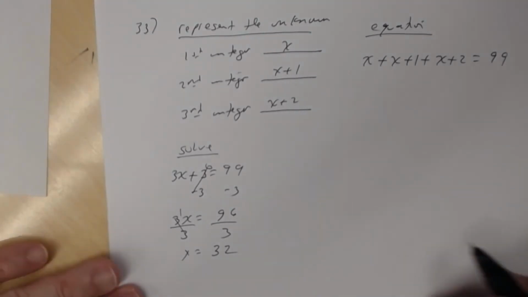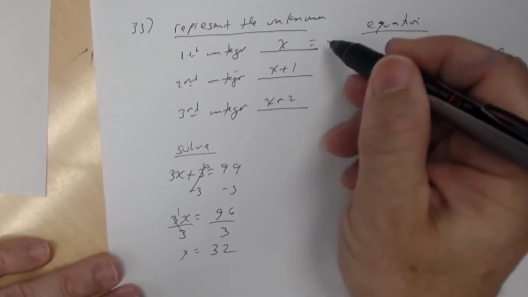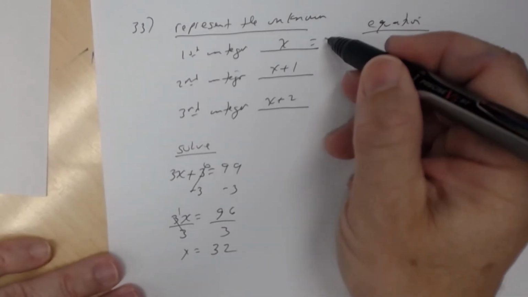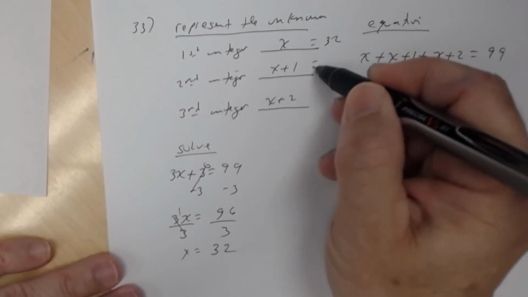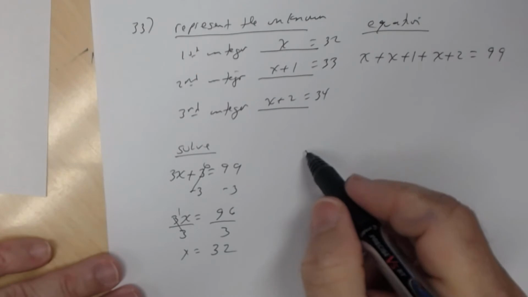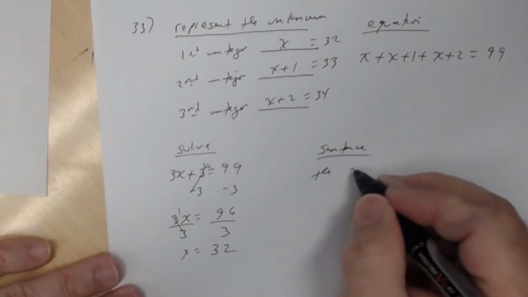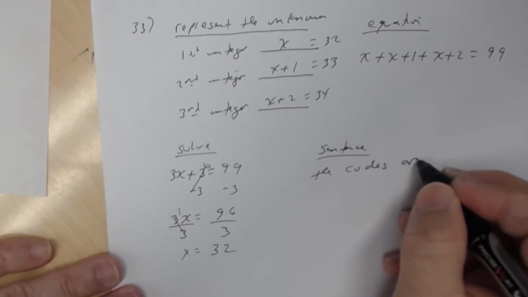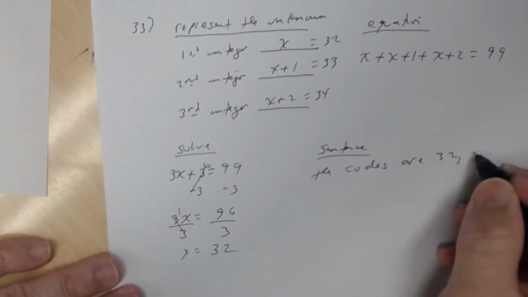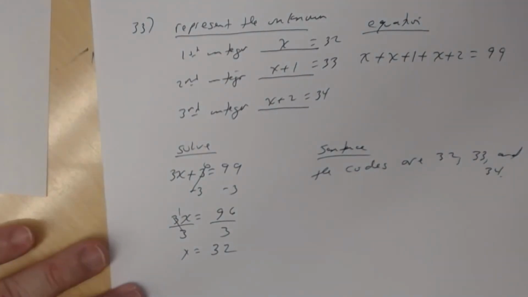So therefore, that means that my first code is 32, the second code is 33, and the third code is 34. So in terms of your sentence, you're going to say something like the codes are 32, 33, and 34.